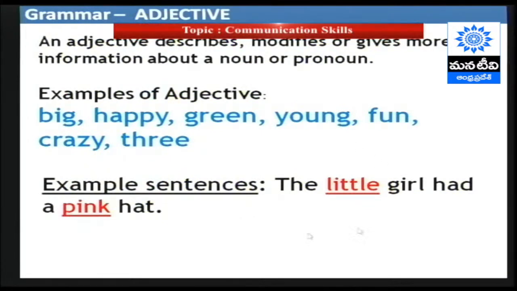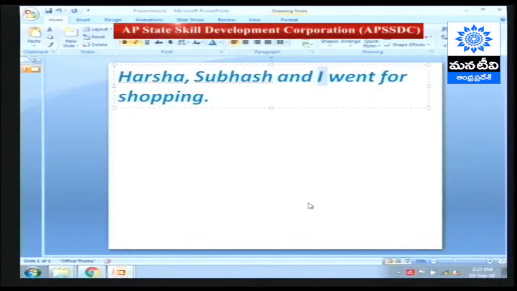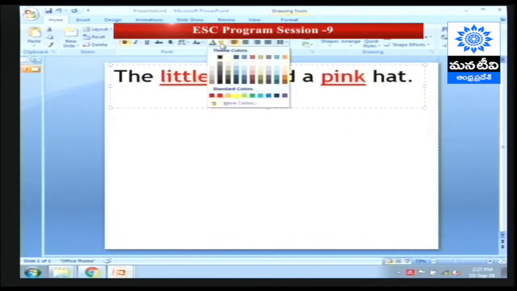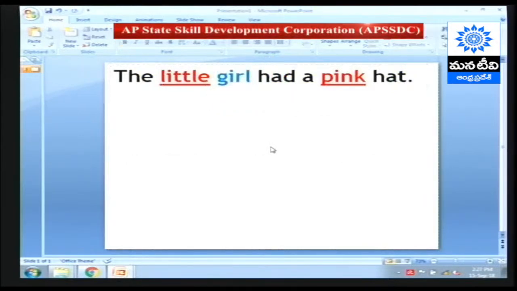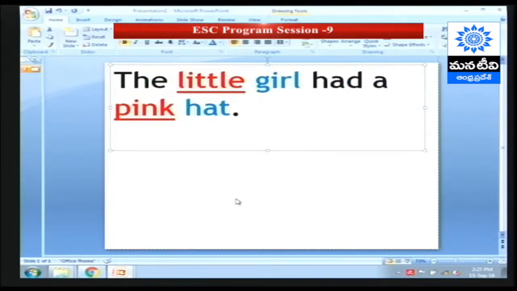Now the girl is noun. So let me take this example. I hope you can see that's blue. Okay.